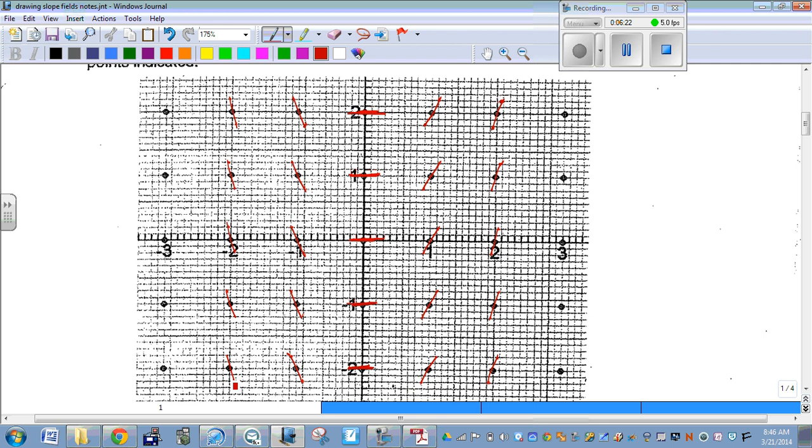And then last but not least, the 3 and negative 3, those have a slope of 6 and negative 6. So over here, I'm going to go kind of similar to the last one. I'm just going to go up 3 over 1/2 instead of up 6 over 1. Down 3 over 1/2.